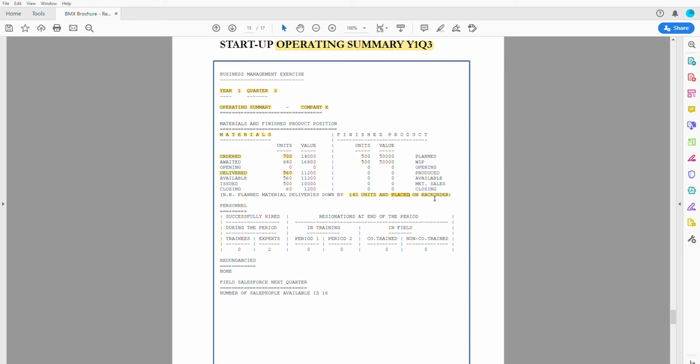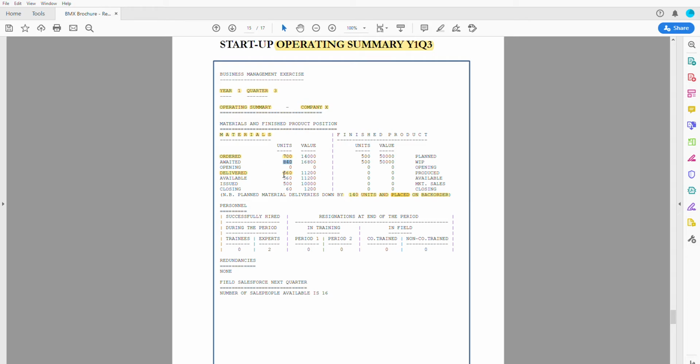So we would expect those to now arrive next quarter, and you can see that this number here, awaited, which means they've been shipped and are at sea, is 840. That represents the 700 that I ordered in the second quarter plus the 140 that weren't delivered.